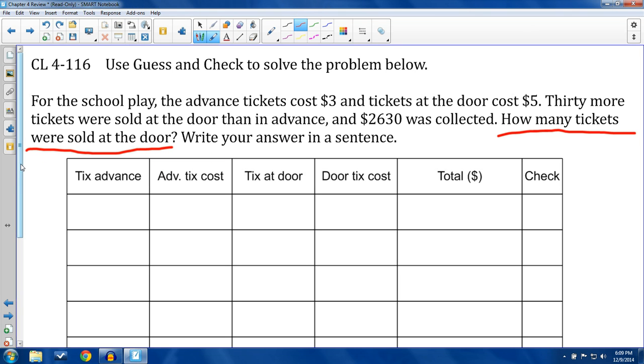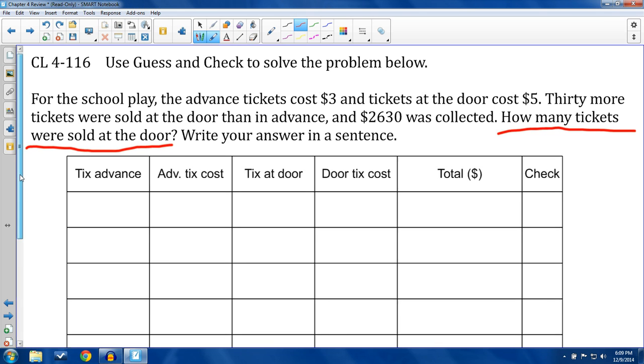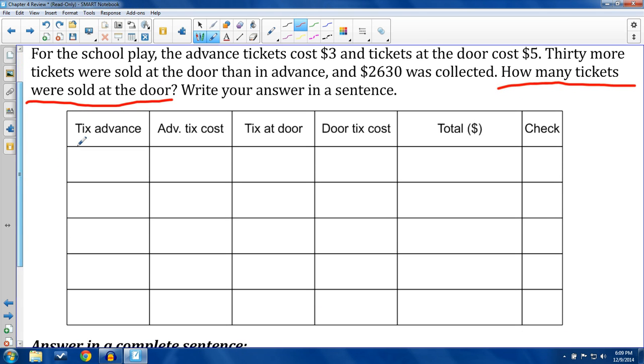Now, on your sheet, it only shows a few entries here. It shows advance tickets, tickets at the door, total amount, and check. Not like a money check, but guess and check. See if you're right or wrong. I added 2 more. The cost of buying an advance ticket.